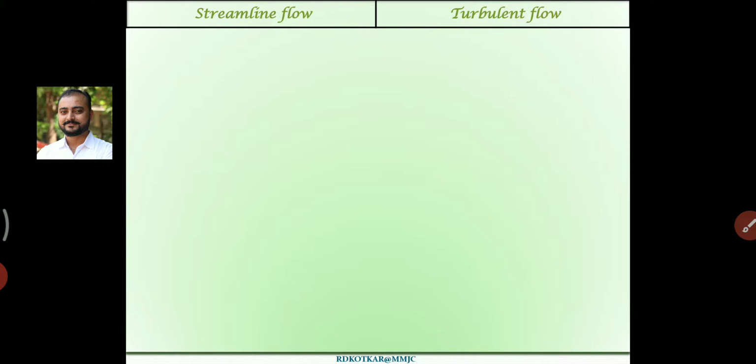Okay, so next we have to start the difference between streamline flow and turbulent flow. I just told you the definitions. In the case of streamline flow, it is the liquid flow in which the velocity at any point remains constant, so that is called streamline flow.